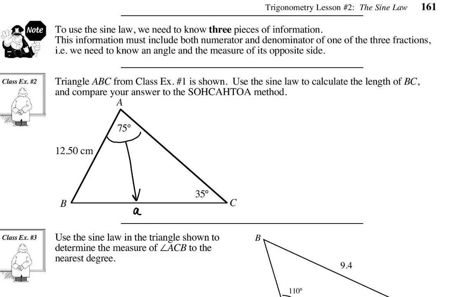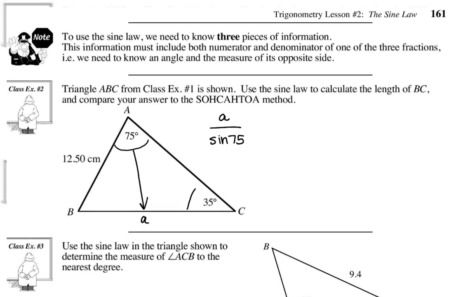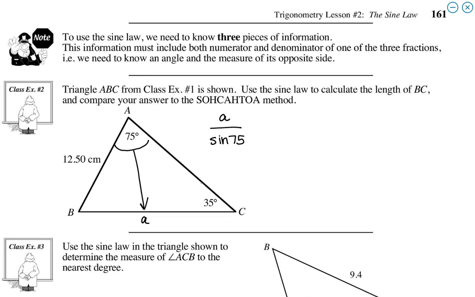Okay. So little a goes with sine 75. It's always just a ratio with the angle and the side across from it. Okay. And which angle are we allowed to work with? Well, we're allowed to work with 35 because they gave that to us.